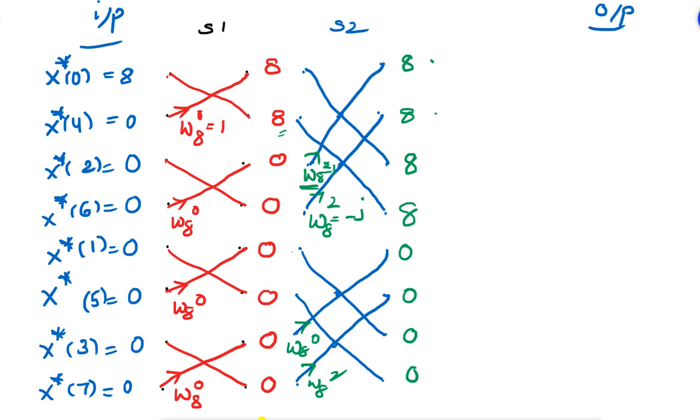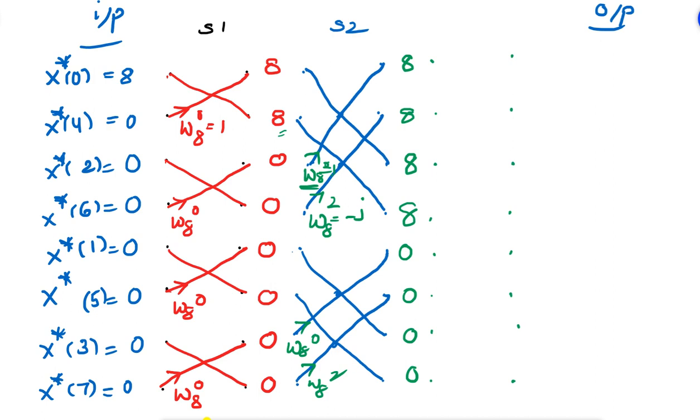Now we will see stage 3, the final stage. So in stage 3, according to step 5, the input and output samples are separated by 4 samples.